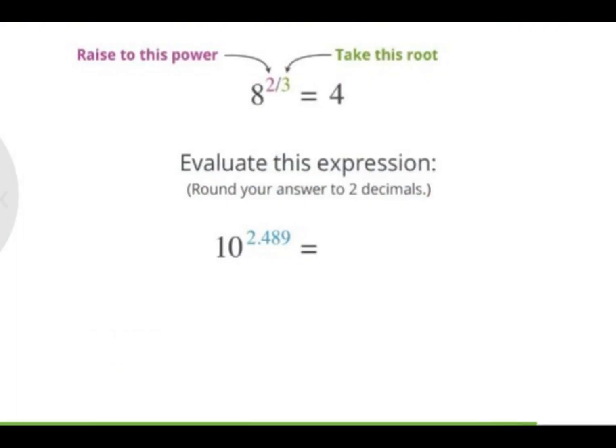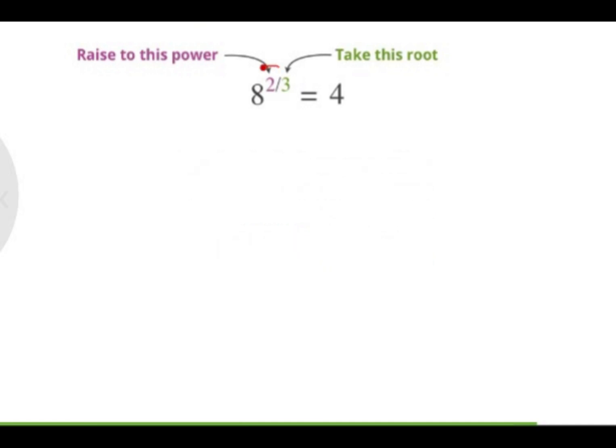So using a calculator, you can see that 10 to the 2.489 is approximately 308.32. So just to review, raising a number to a fractional power is the same as raising it to the numerator and then taking the denominator's root. And you also saw how the calculator can help you evaluate these kinds of powers.